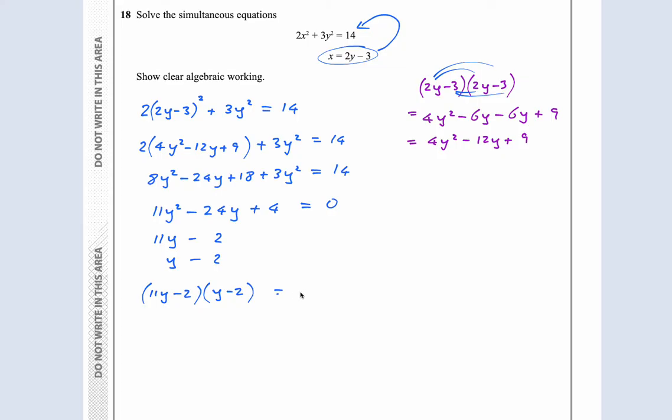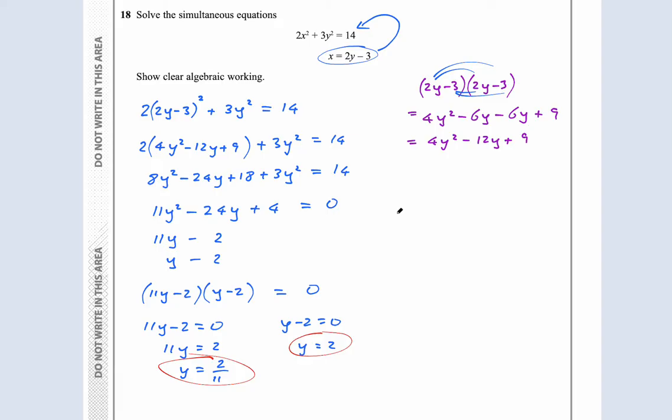So this is equal to 0, meaning 11y minus 2 equals 0, or y minus 2 equals 0. 11y equals 2, and y equals 2 over 11, and here y is equal to 2. So these are my two y values: y equals 2 over 11 and y equals 2.